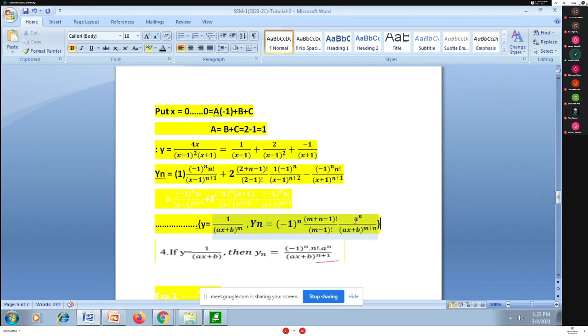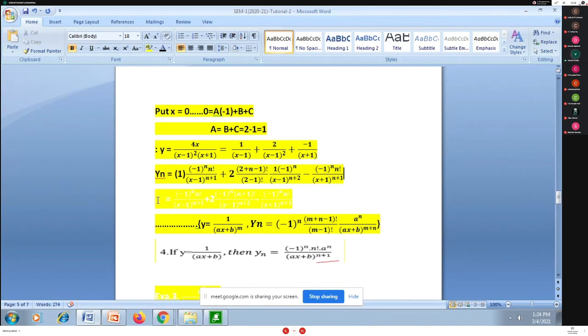Yes, so I am having 1 raised to n in numerator, minus 1 raised to n. I just kept it here. 1 raised to n, actually I have to write it in numerator here, upon (x plus b) raised to m plus n, that is n plus 2. I'm just writing it here. Yes, so the same formula I am applying here, substituting m is equal to 2, a is equal to 1 and b is equal to minus 1. Same formula I'm applying, readjusting the terms.